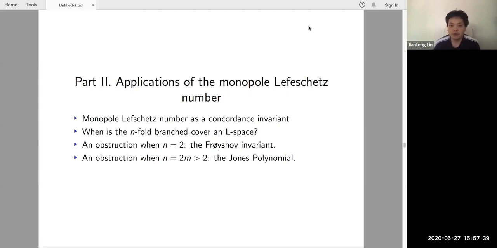The discussion will be divided into two parts: when n equals 2 and when n is a general even number greater than 2. In the first case, the Lefschetz invariant provides an obstruction, and in the second case, the Jones polynomial actually provides an obstruction.